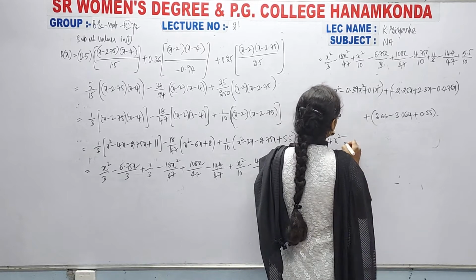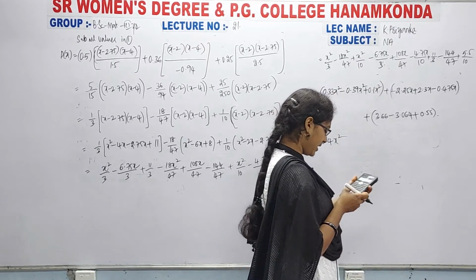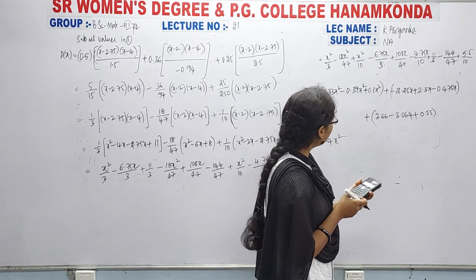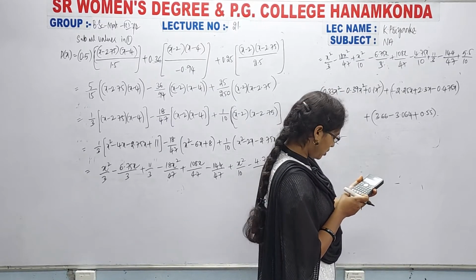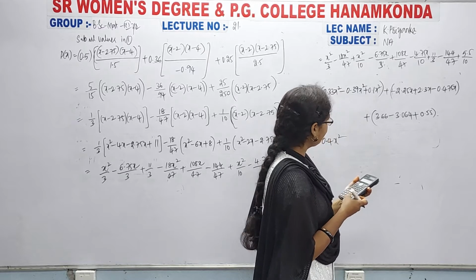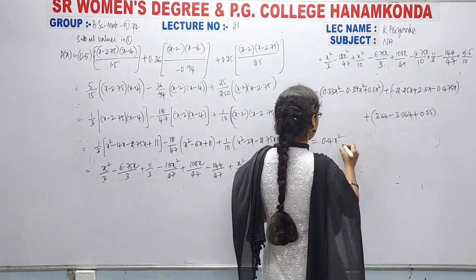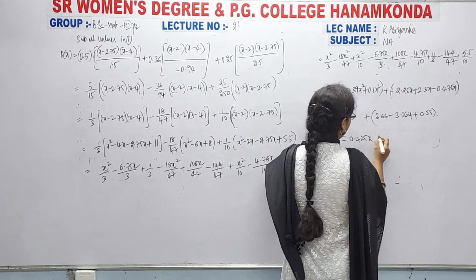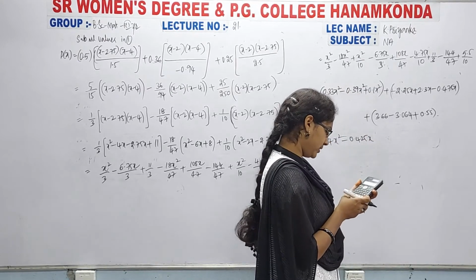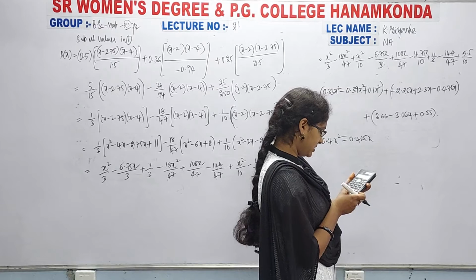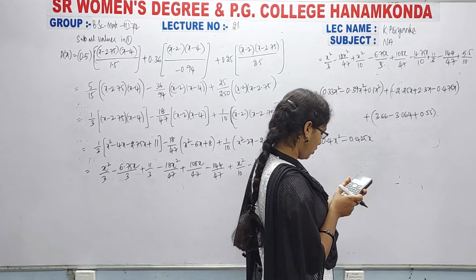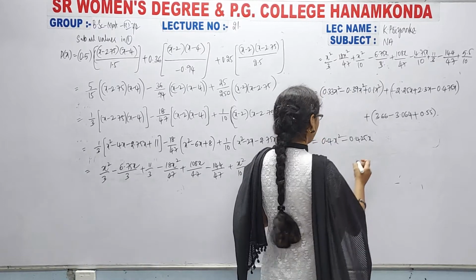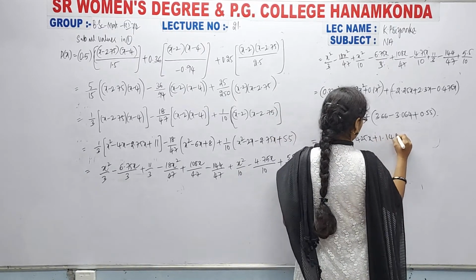Okay, so plus here what we get, minus 2.25 plus 2.3 minus 0.475, so minus 0.425 x, and here the next value is 3.66 minus 3.064 plus 0.55, which is 1.146.